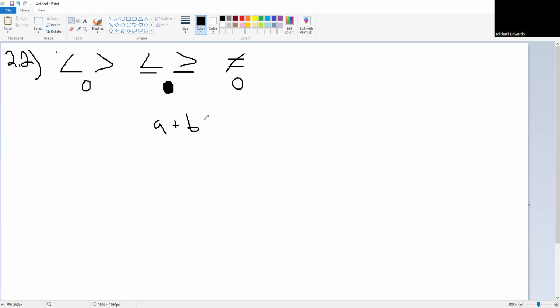A plus B is, let's say, greater than C. If you want to move the B across, that's not a big deal. You move it across and you get A is greater than C minus B. You don't have to change anything. It's just like there was an equal sign right here and not an inequality.